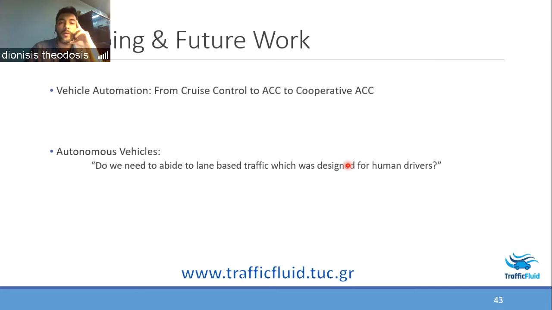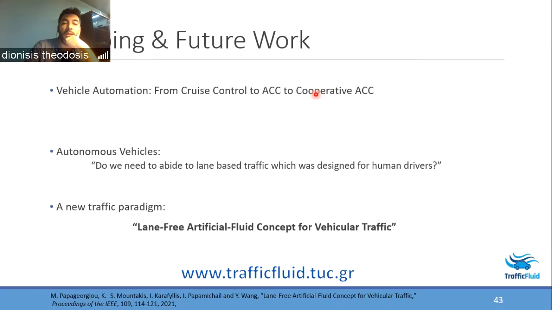But do we need to abide by lane-based traffic, which was designed for human drivers, when we have autonomous vehicles? This is a new traffic paradigm that we are studying right now, the lane-free concept for vehicular traffic. And here are some very initial results.